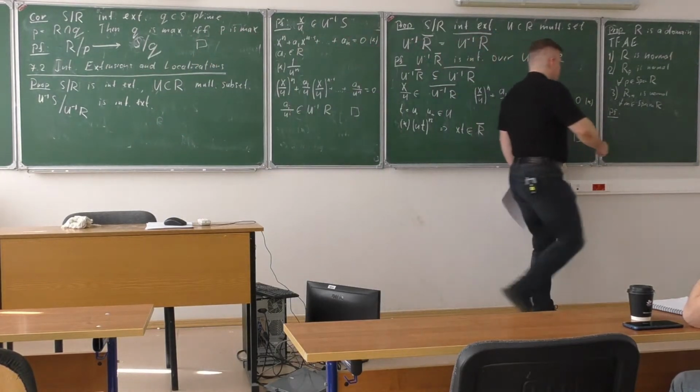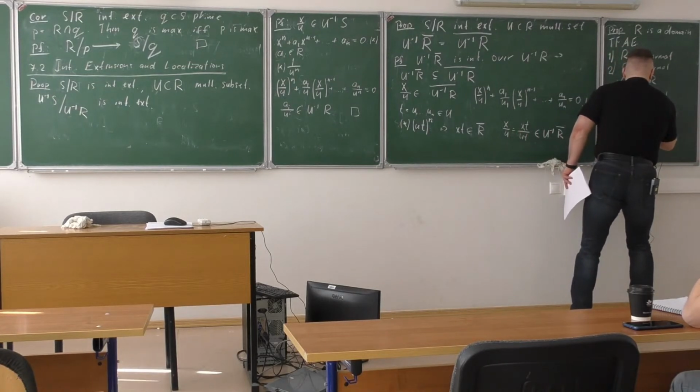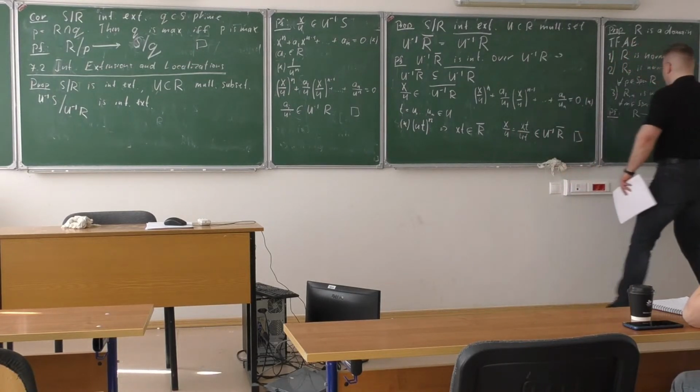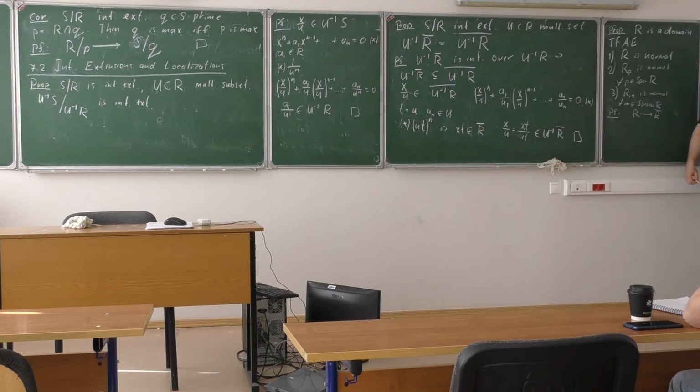What if I just consider a map like this, which is always injective? Condition 1 holds if and only if this is surjective, and being surjective I can check at stalks, prime or maximal. That's all.